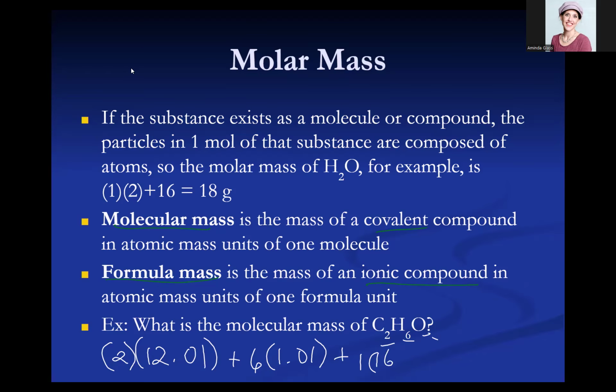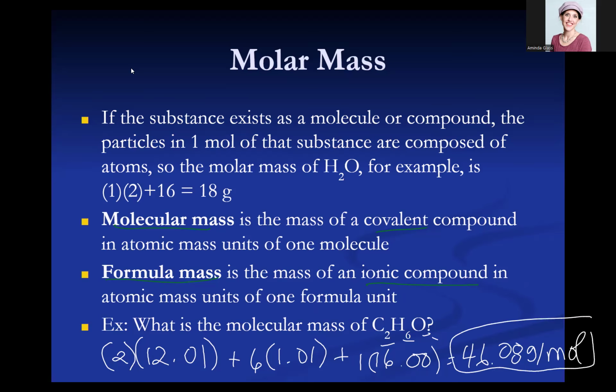Each oxygen has a mass of 16.00. So I'm going to add that up. 2 times 12.01 plus 6 times 1.01 plus 1 times 16. That gives me 46.08 grams per mole. That's my molar mass of C2H6O.